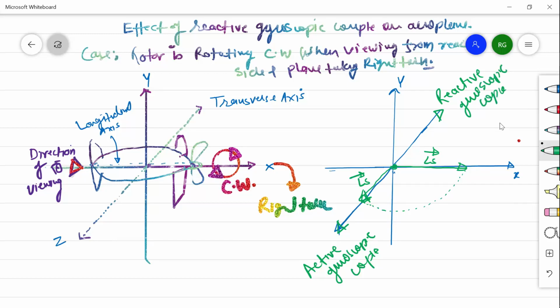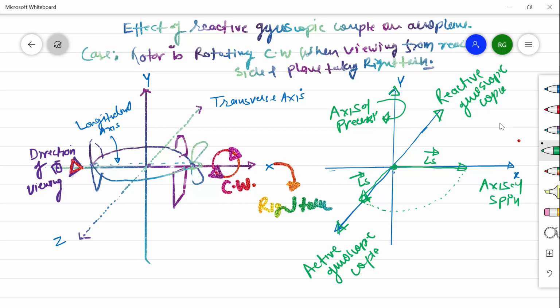And this is our axis of precession, and this is the axis of spin.